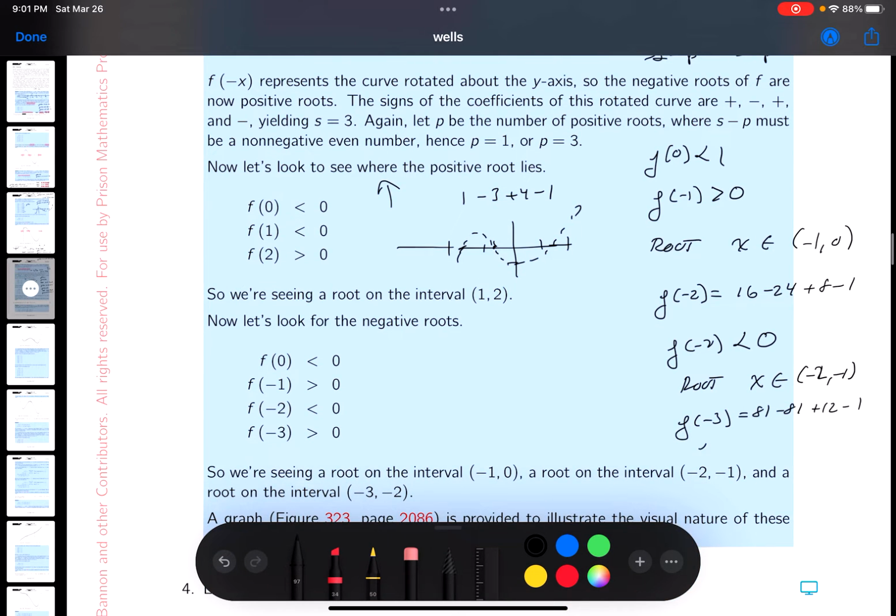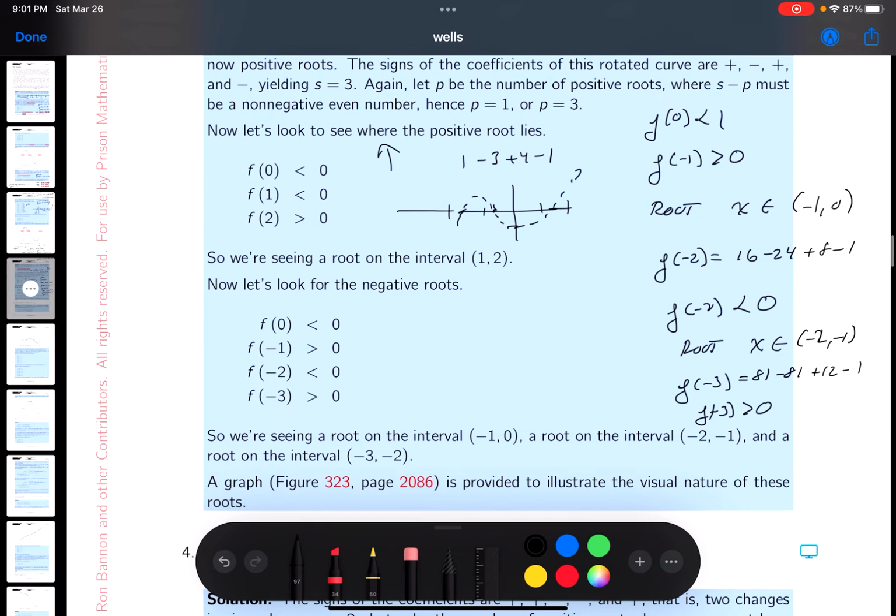So f of minus 3 is greater than 0. So I know there's another root, right? What's the root going to be? X is going to be on what interval now? Let me erase it. It's going to be between minus 3 and minus 2.